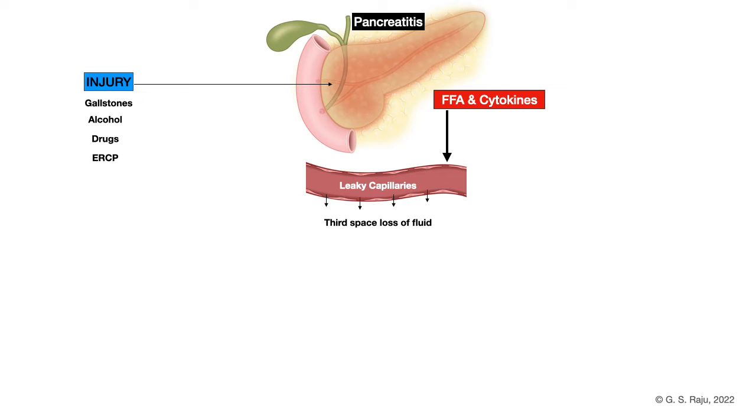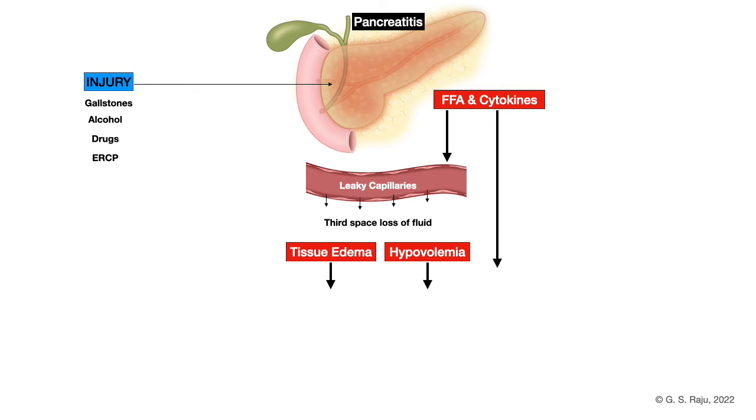So this results in 2 things. One, loss of fluid into the third space results in tissue edema, and loss of fluid results in hypovolemia. So tissue edema, hypovolemia, and ongoing inflammatory activity all work together to create organ dysfunction.